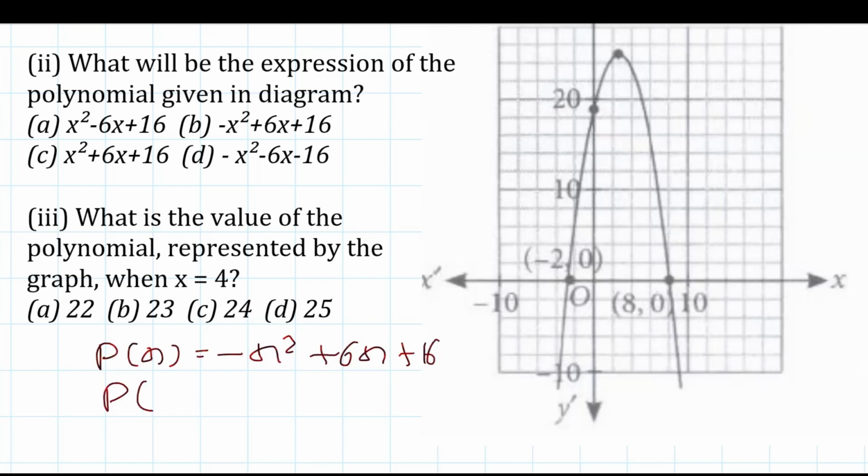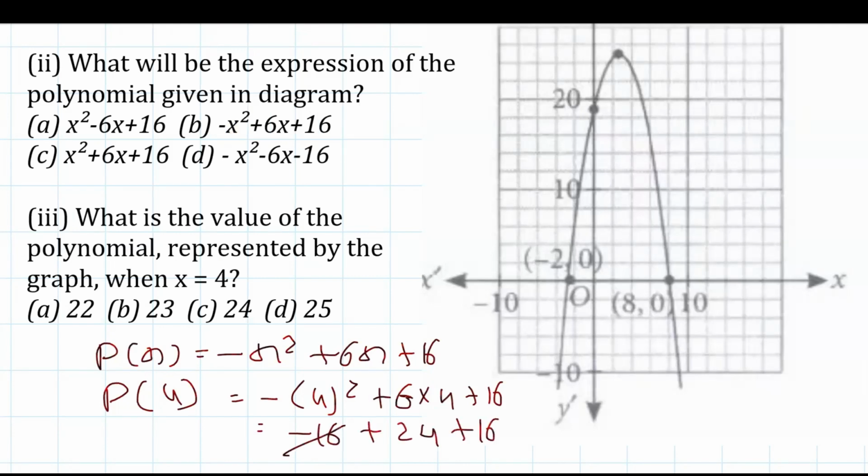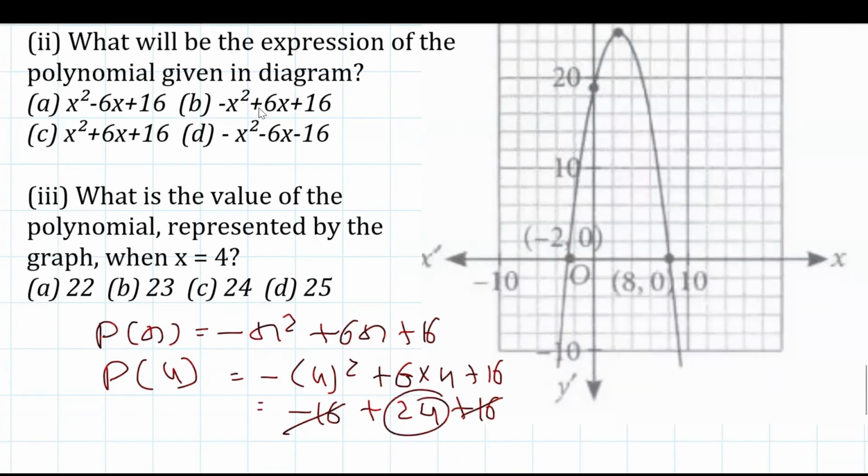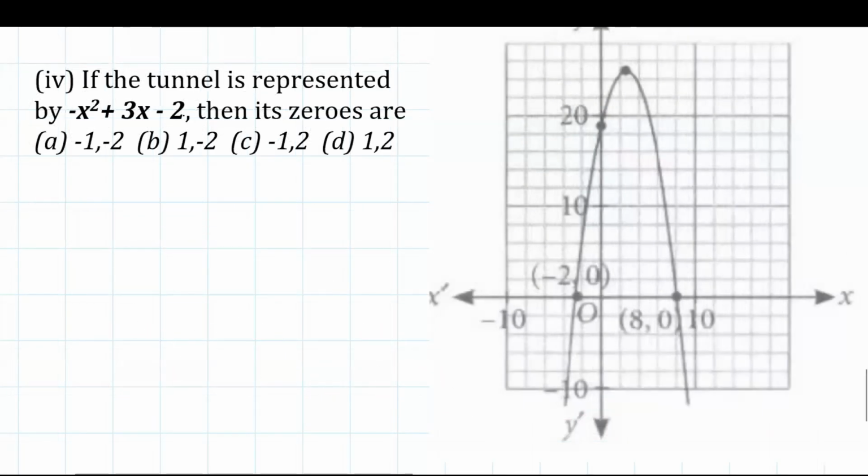Now check, if I replace x with 4, it is going to be what? Well, this minus is outside, right? And replacing x with 4. So wherever there is x, I'm writing 4 here, right? Plus 16. So this is what? Negative 16. This is 24 and positive 16. So this gets cancelled over here. You can see this getting cancelled. So we are getting 24, right? We are getting 24. So we have an option, that is option C is correct in this case.